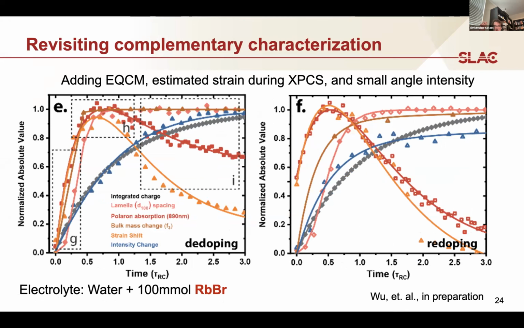The main thing I want to point out is that the intensity change we observe with the scattering follows the integrated charge quite well, which is somewhat good. I wouldn't say it's obvious that that should happen, but it's nice that it happens. But the strain shift shows features that are closer to what we see in the polaron absorption, although not exactly there. And the strain also doesn't exactly correspond to the strain shift or the mass uptake, but that's a subtlety for maybe another time.